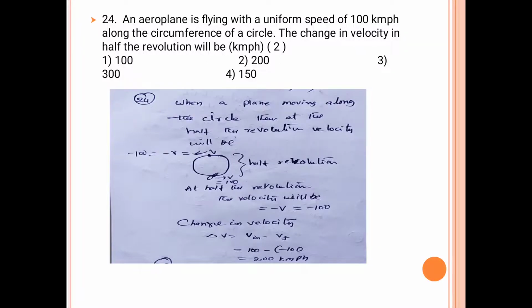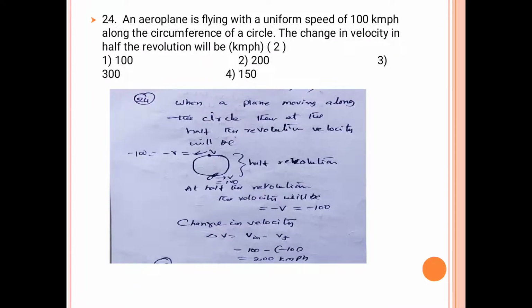If you take the initial velocity as minus 100, the final velocity will be plus 100. Here it signifies that both are in entirely opposite directions and the magnitude is the same. Change in velocity is equal to Vf minus Vi, 100 minus minus 100, that means 200 kilometers per hour.